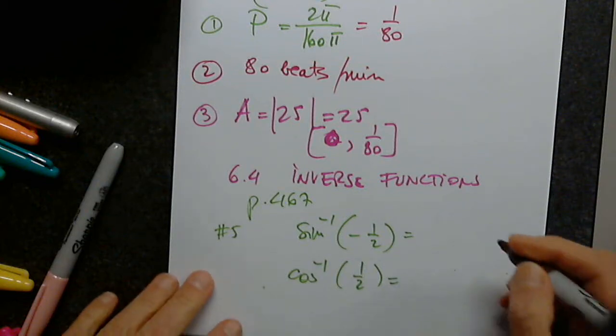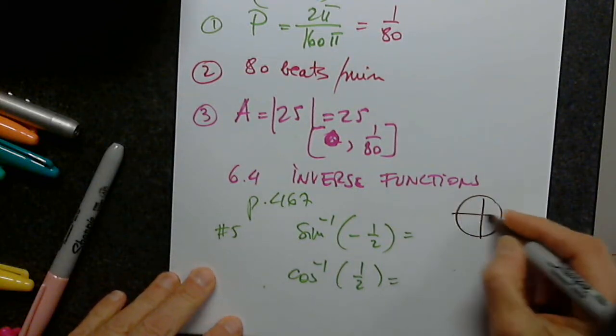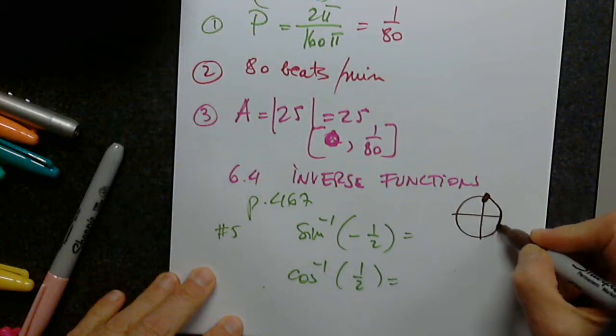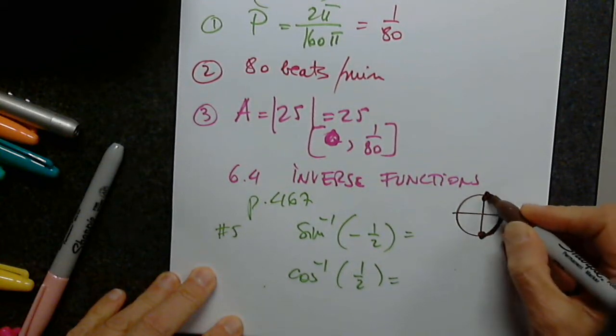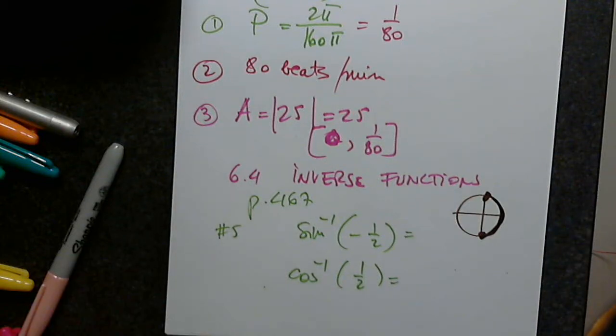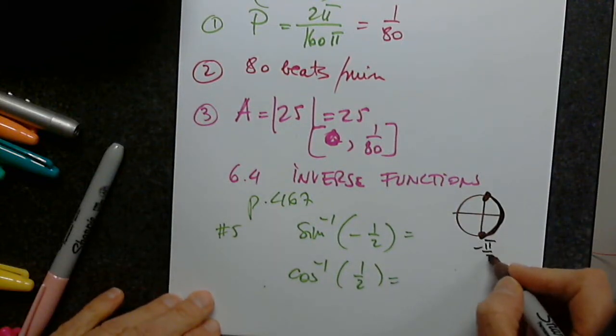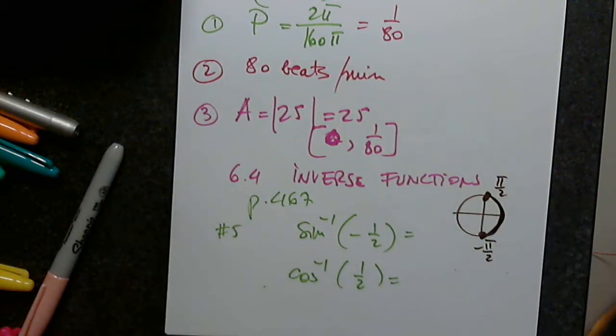Ready? Now remember, when we talk about sine inverse, we are specifically talking about quadrant 4 and quadrant 1, anywhere between -π/2 and π/2. So for a moment, I cover this, and I'm asking myself, sine inverse of 1/2. Which angle has sine 1/2?